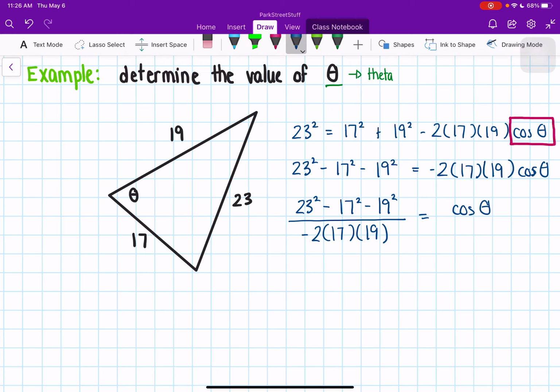And we're still not done yet because we need theta, not cos of theta. Now, remember, cos is a function. It's not a number. So this is not cos times theta. This is cos of theta. So in order to get theta by itself, we're going to need to take inverse cos of this value.